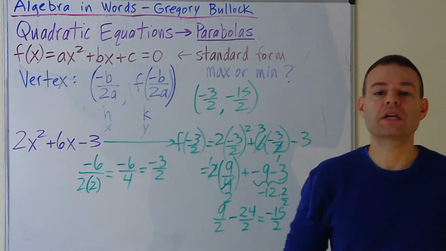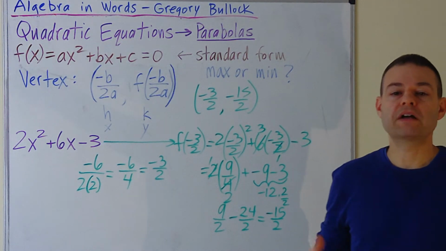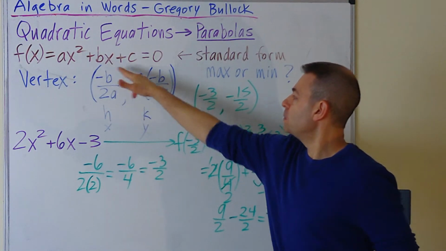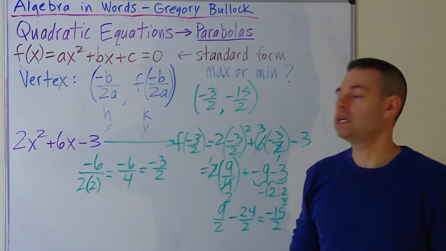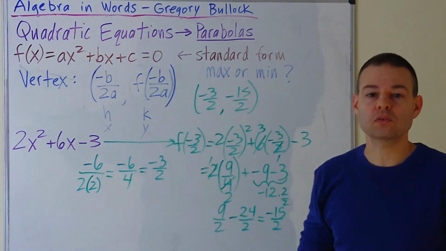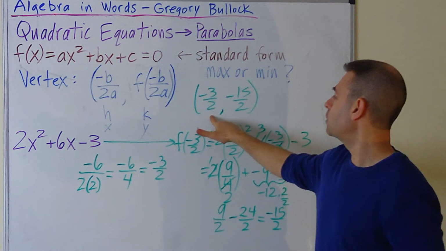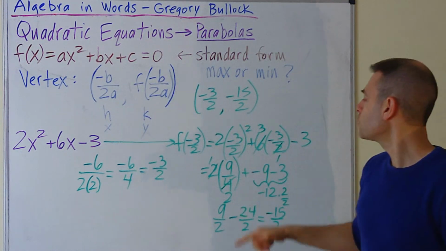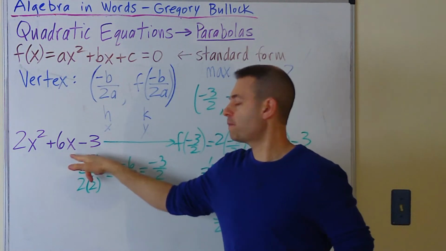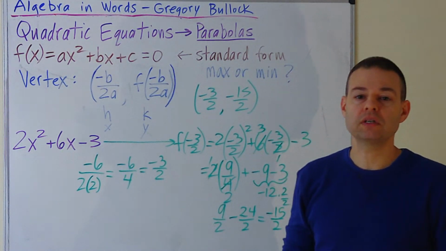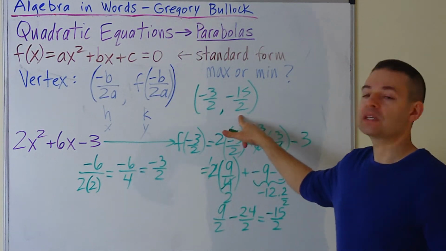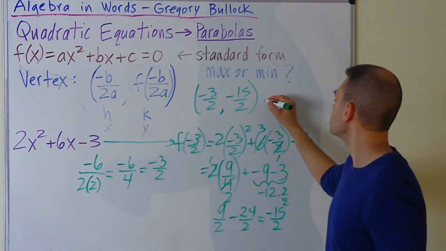To summarize, we just found the vertex using this formula by taking the values of a and b and substituting them in first to find x, or h. We write that here. Then we took what we found for x, substituted it into the original function, simplified, and that gave us y. And that's why I put that here. And now we have the vertex.